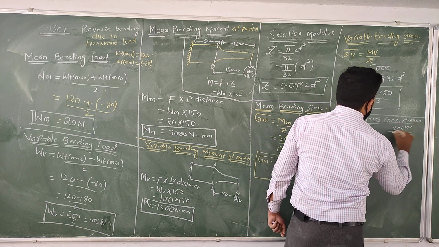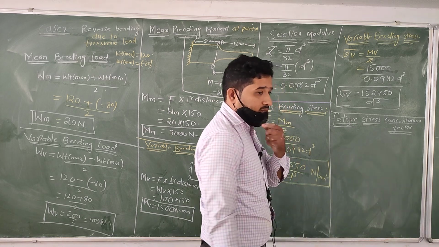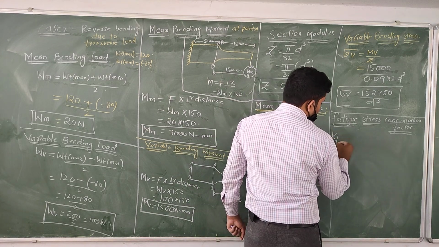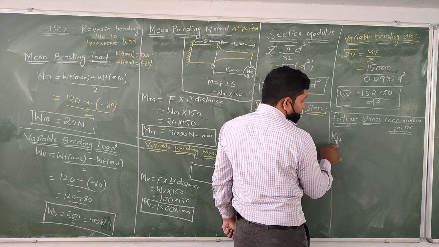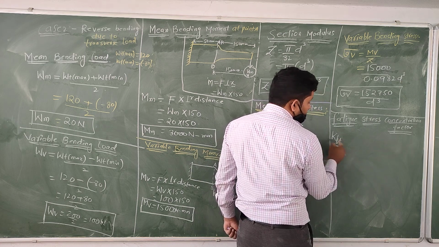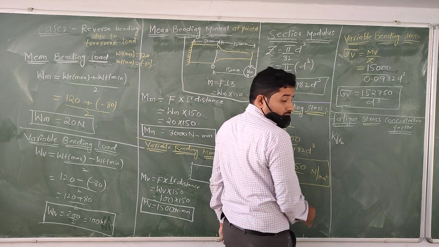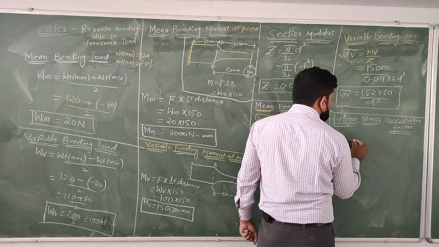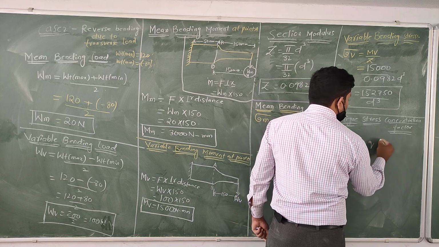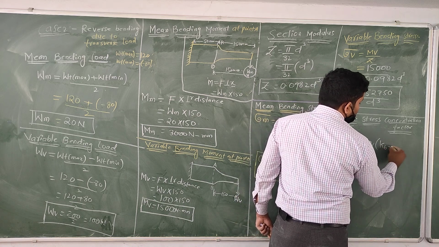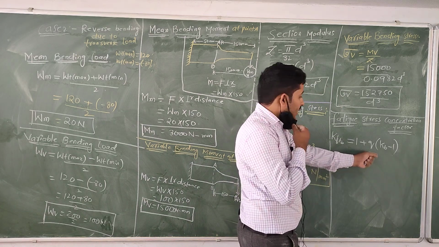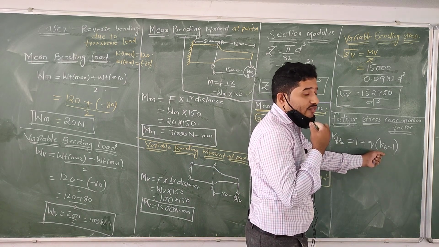If you want to find out the fatigue stress concentration factor, which formula do we have to use? Kf. The fatigue stress concentration factor is acting in the form of bending. For that reason, we have to use 1 plus q (Kt minus 1), where q is the notch sensitivity and Kt is the correction factor.